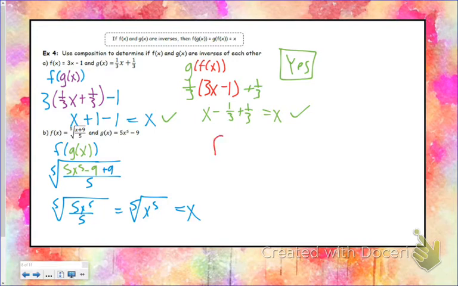All right, so let's do g of f of x. I'm going to replace the x in this function with that big 5th root. Okay, and that is raised to the 5th power. Well, a 5th root to a 5th power, that root's going to go away.